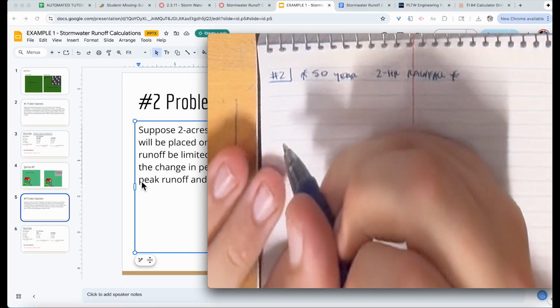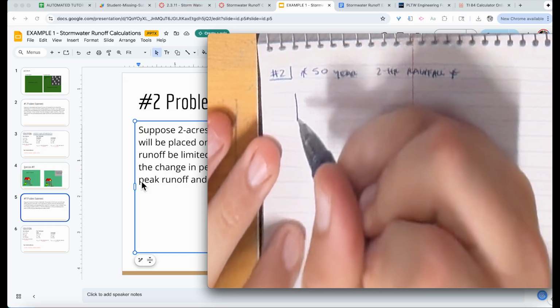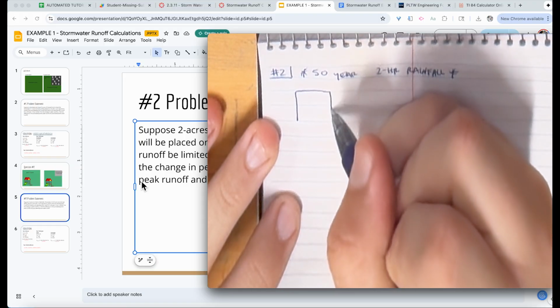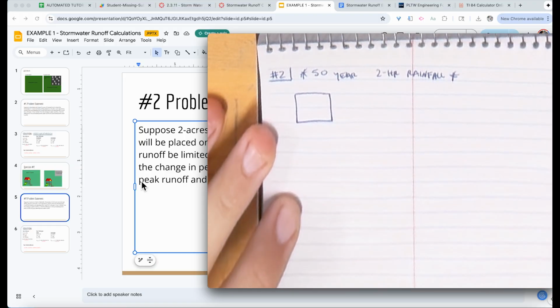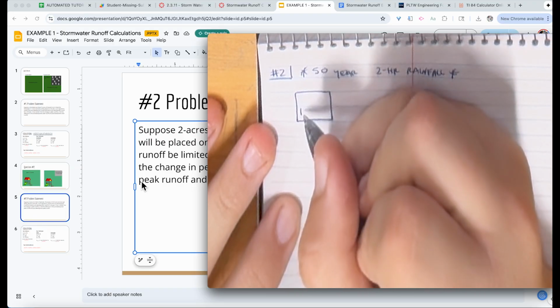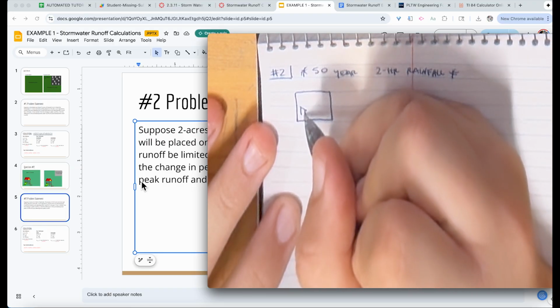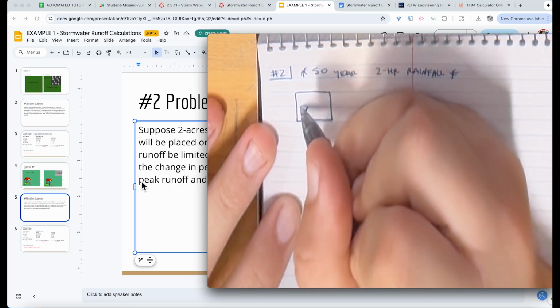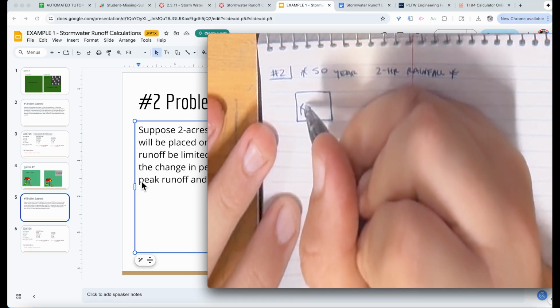We can also create our little diagram here. So we've got the good old park. Maybe we create a little park here, just like we had, with the little slide.